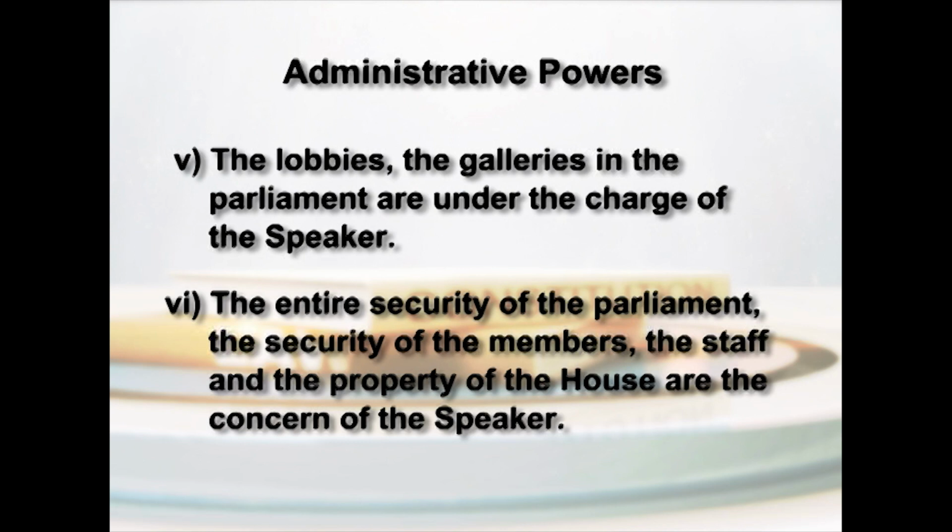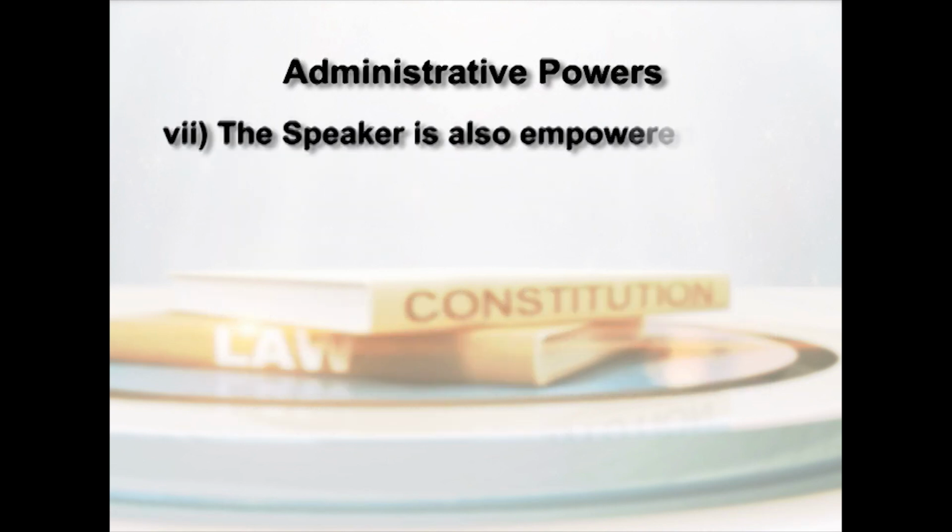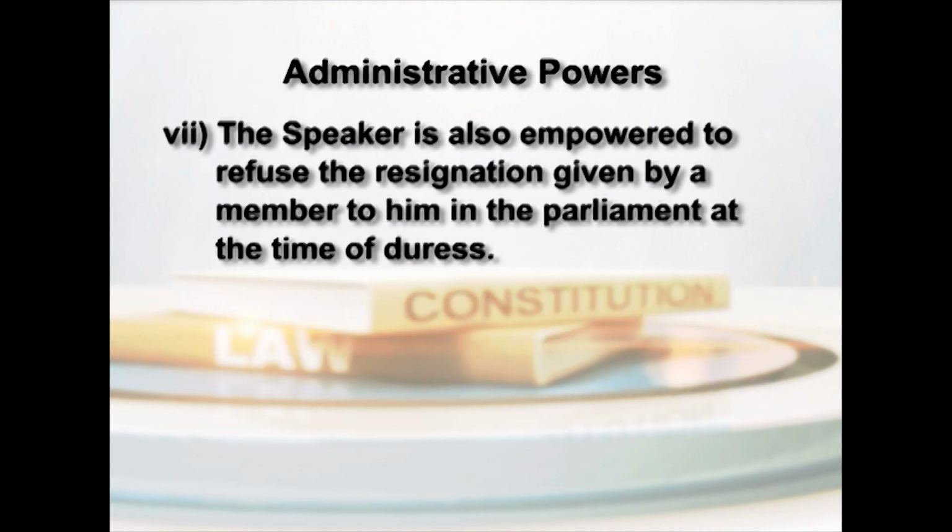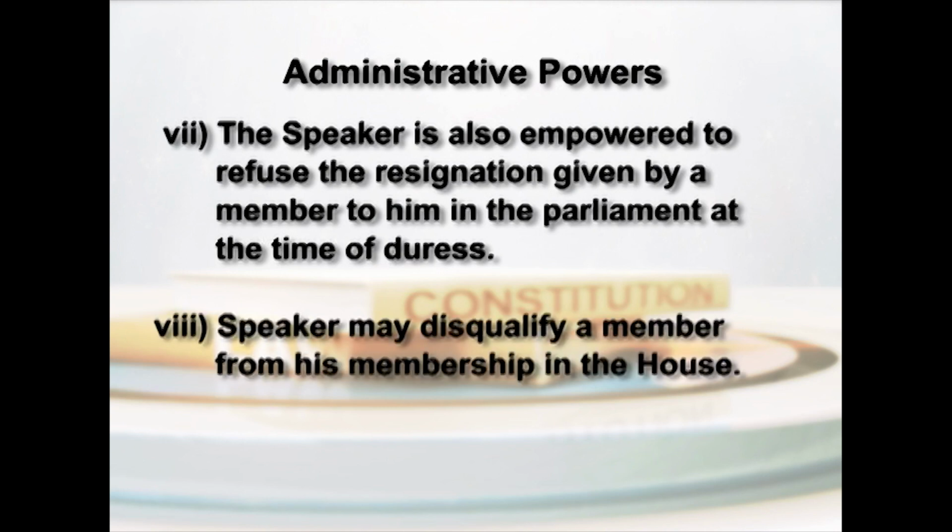Under the 33rd Constitutional Amendment Act of 1974, the Speaker is also empowered to refuse the resignation given by a member to him in the Parliament at the time of duress. Further, the Speaker may disqualify a member from his membership in the House provided he defected from the house as laid down by the provisions of the Constitution.